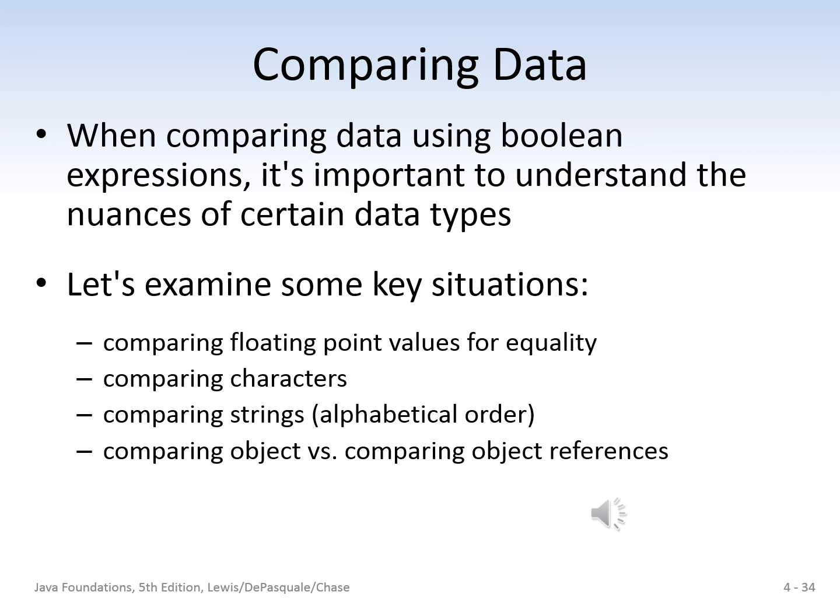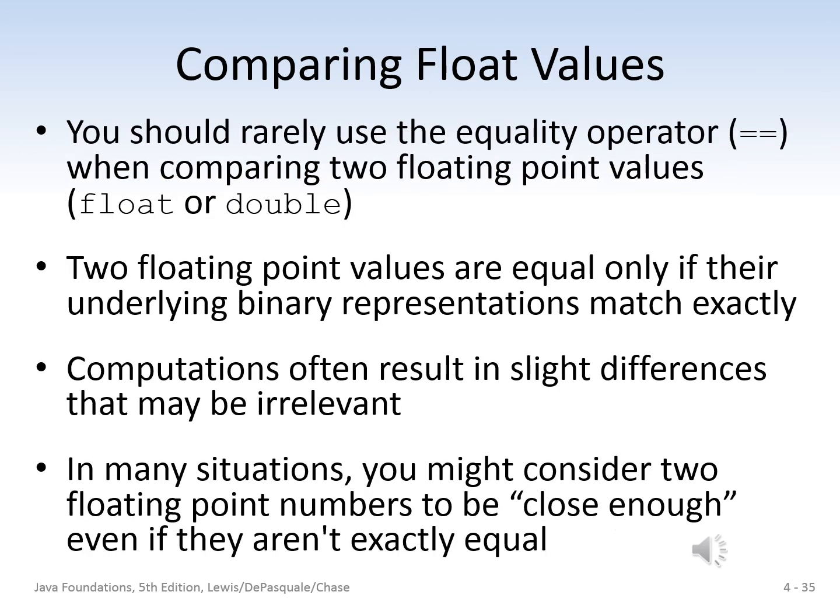However, comparing characters or comparing strings or comparing objects versus object references, it gets a little bit more complex than the primitive data types. It's probably a good idea to rarely use the equality or equivalence operator when comparing 2 floating point values, floats or doubles, because they're equal only if their underlying binary representation matches exactly.